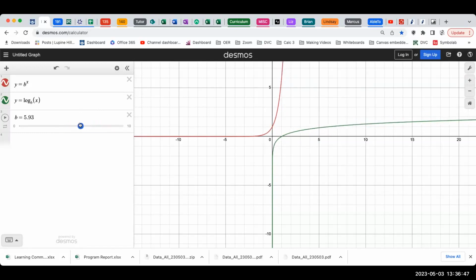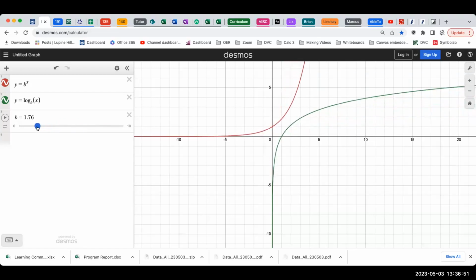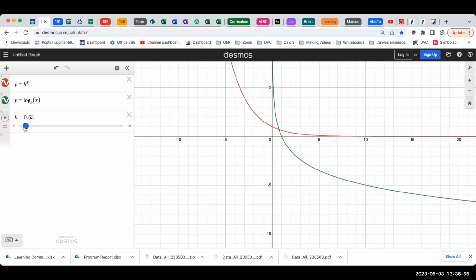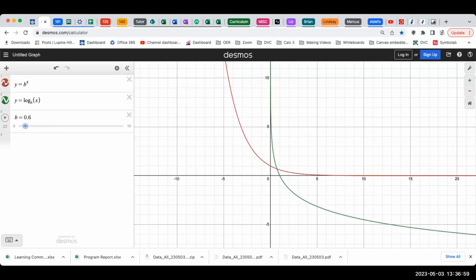So this is going to be true for every base, even when the base is less than 1. Let me double check that that's true. It changes a little bit, yeah. But again, the graph of the log function, you can't plug in 0 still, right? It has a vertical asymptote at x equals 0, and it's not on the negative side. Okay, I just wanted to show you that.